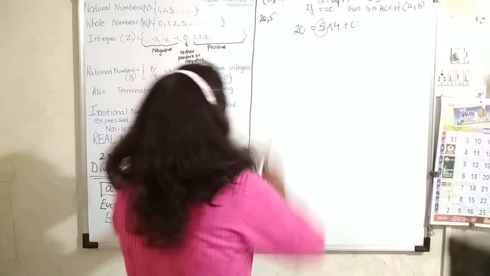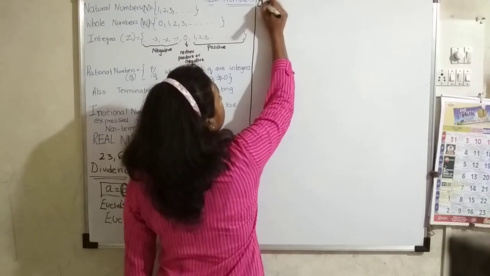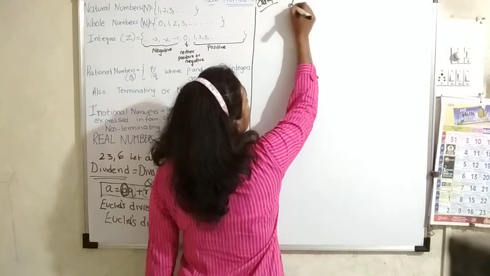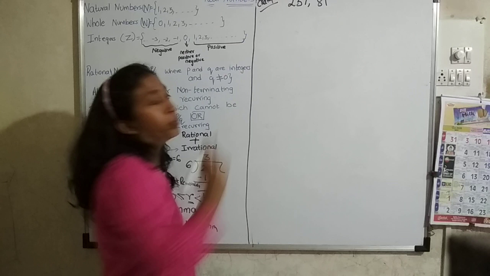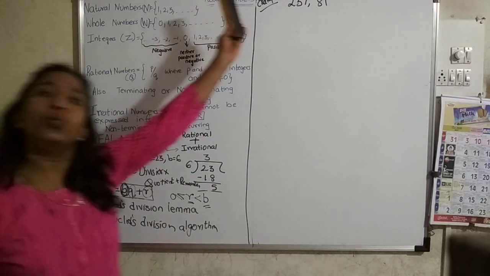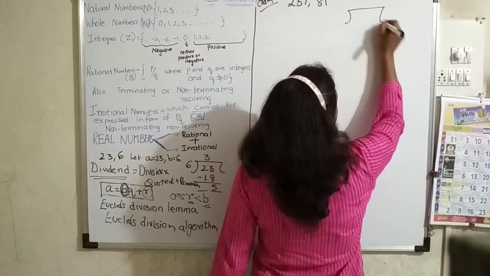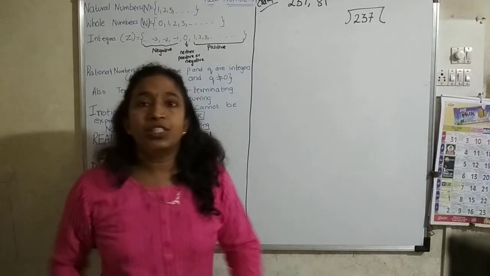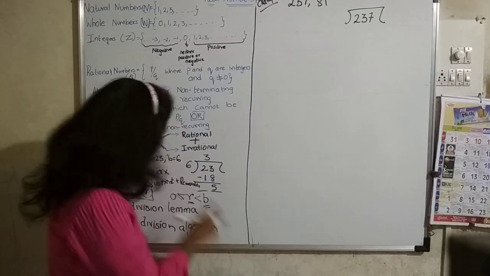I'll take one example so that you understand. Use Euclid's division algorithm to find the HCF of 237 and 81. I'm going to use this lemma. Let's divide first. If you do the division, the chances of making a mistake will be less, but it is not compulsory; writing in this form is compulsory.